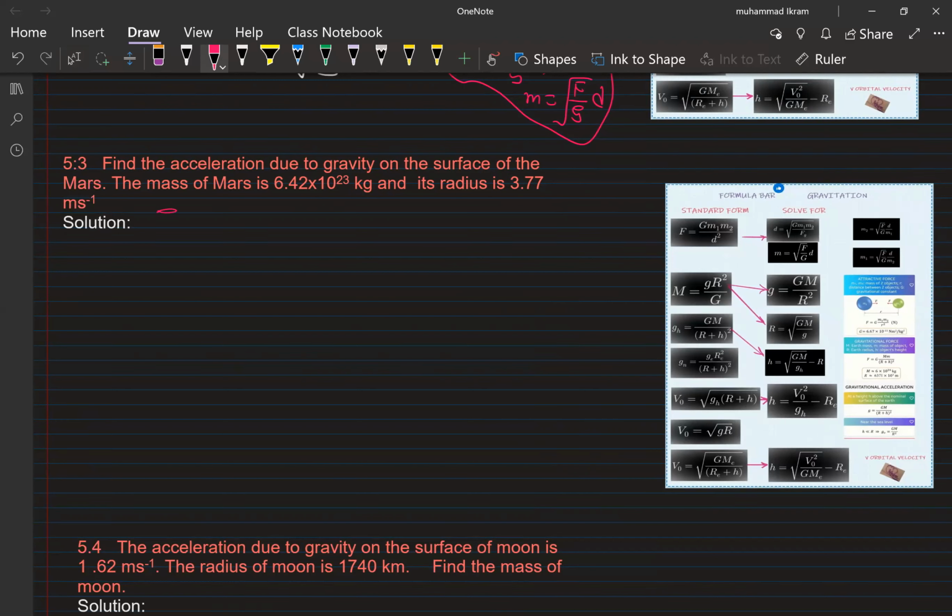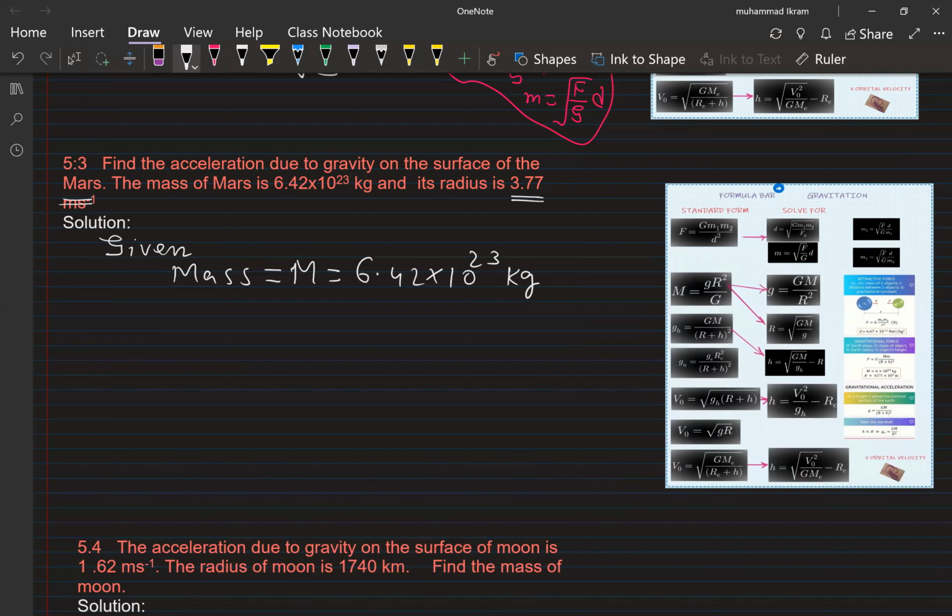The mass m of Mars is given as 6.42 into 10 raised to the power 23 kilogram, and the radius is 3.77. Oh my God, this is where I have made a mistake. Okay, class, I do not know now because I don't have the book in front of me.